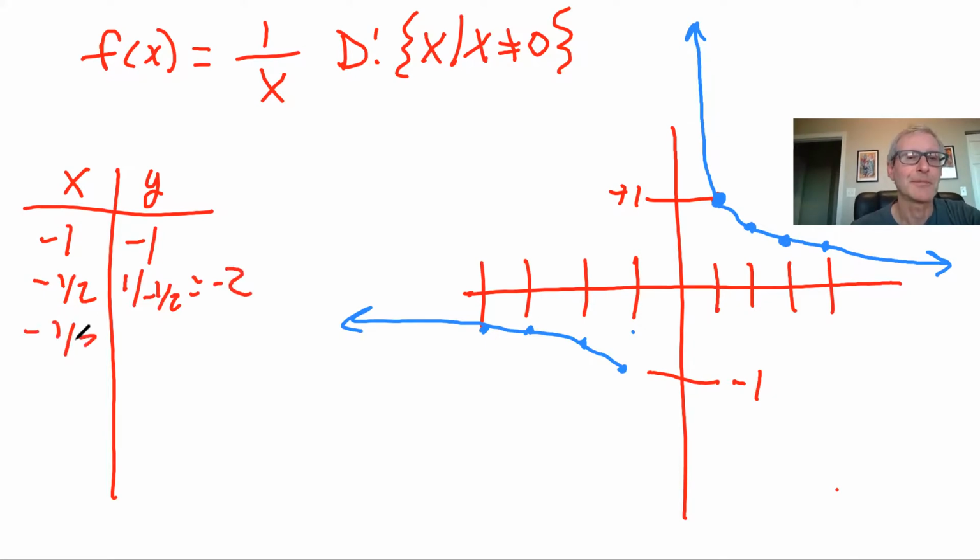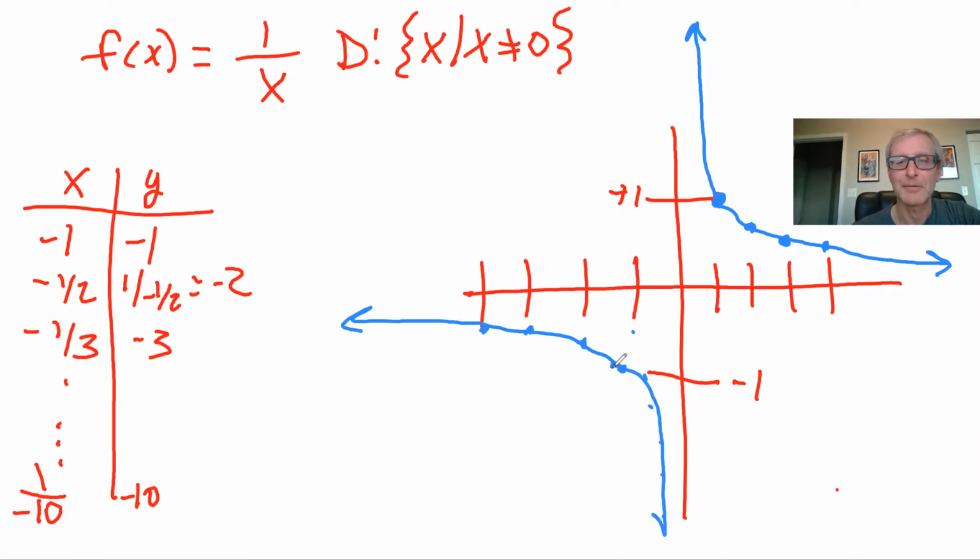And I think you see the pattern. This would be -3, and if you go all the way down to say -1/10, that would be -10. So if you plotted that, you would see that you would get continuing, and it would go that way.